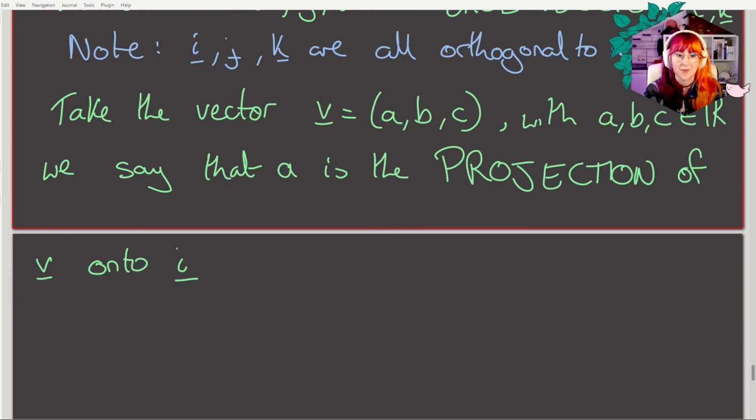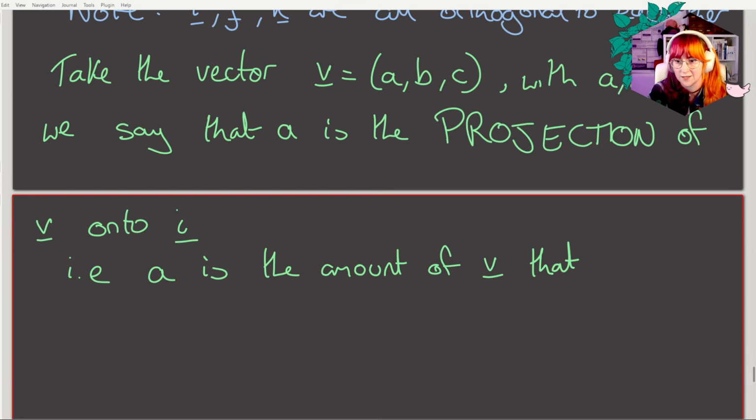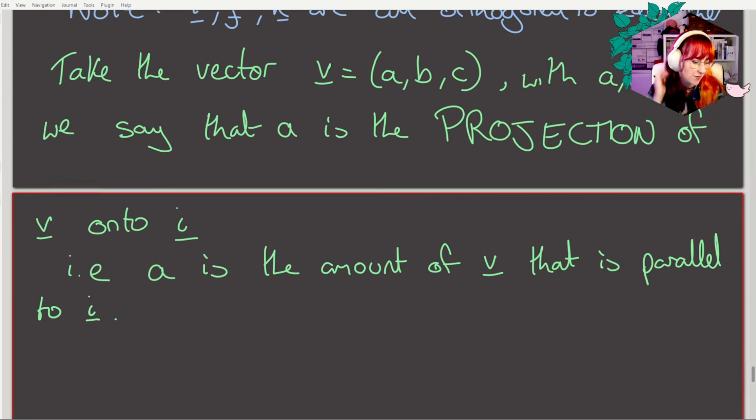Okay, so what that means is, a is the amount of v that is parallel to i.